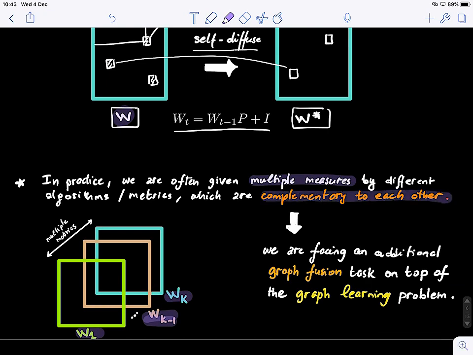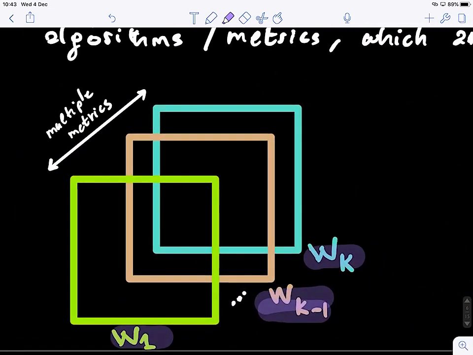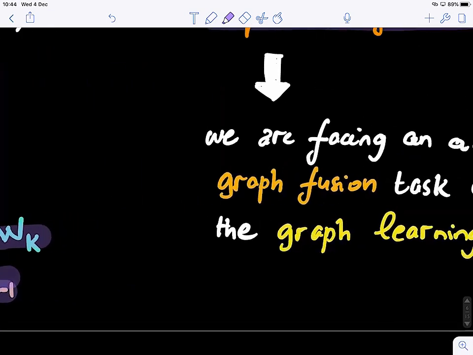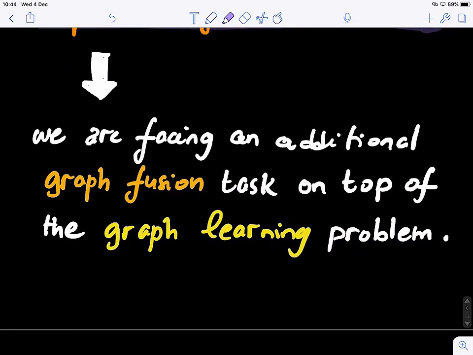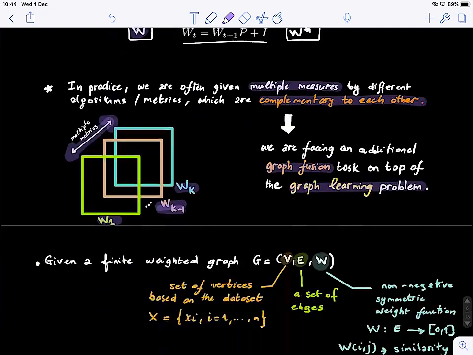So here, in addition to diffusing through all these representations or similarity matrices, we have another problem, which is the fusion problem. Okay, so we're facing an additional graph fusion task on top of the graph similarity matrix learning problem. So we're trying to solve two problems at the same time.